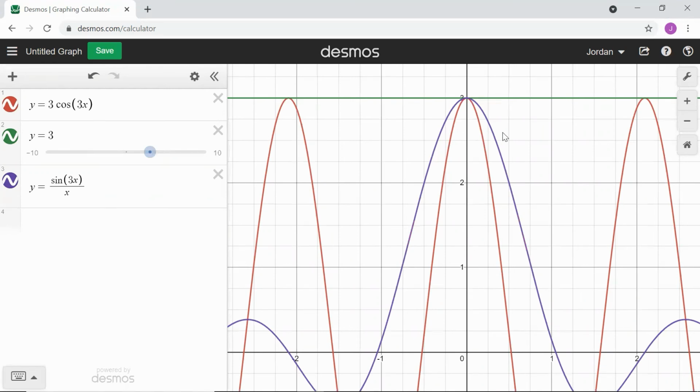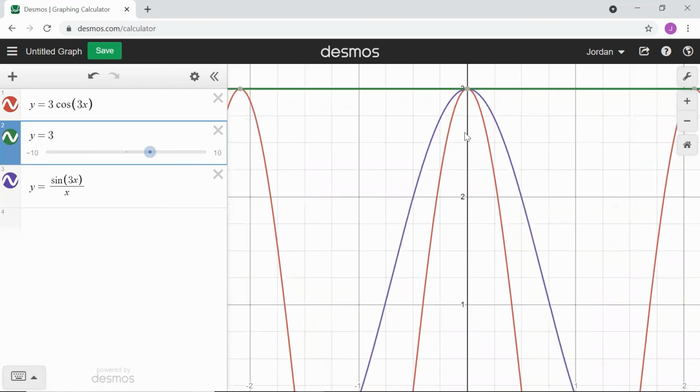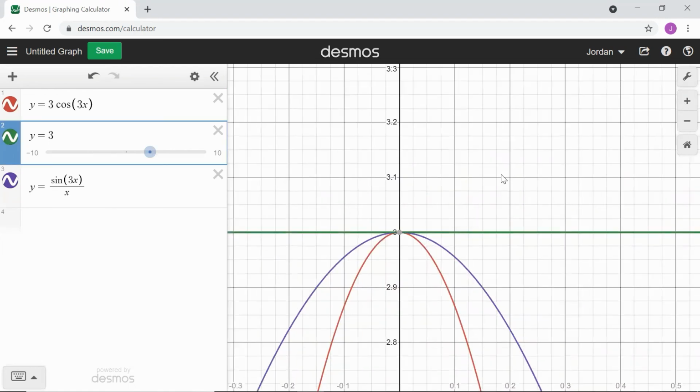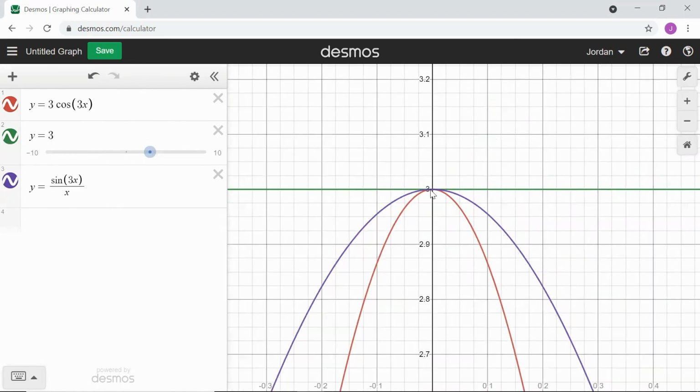Since the green and the red both converged at the point 0, 3, squeeze theorem says the purple graph has to also converge at the point 0, 3. So this was, in fact, the example that we did there of finding the limit using the squeeze theorem. So using that squeeze theorem, we found the limit of this g of x to be 3.